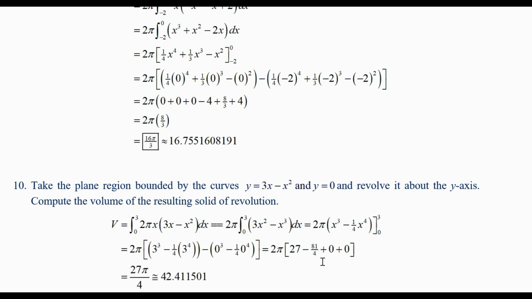That seems like I'm off a little bit. And yeah, that should be 27 pi over 2, but the approximation was correct at 42.411501.